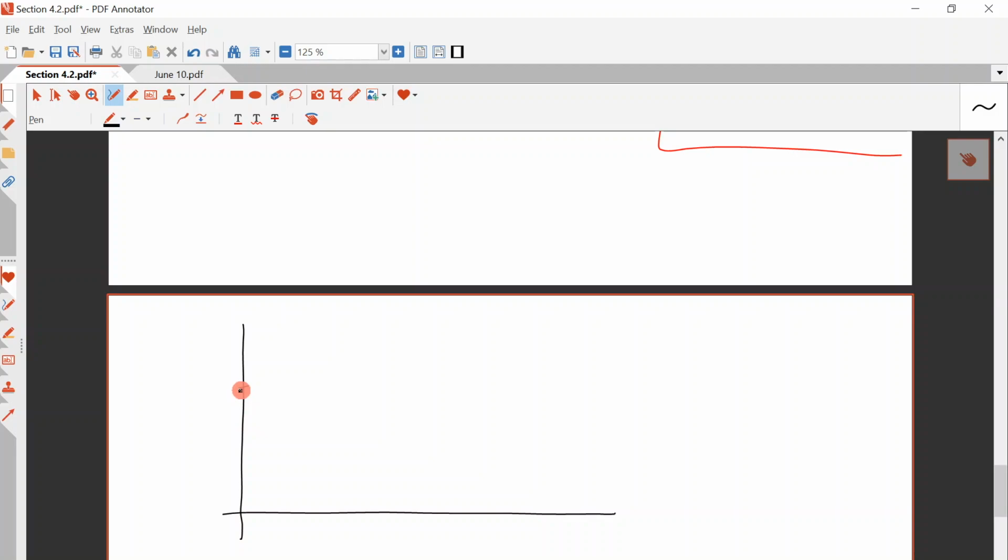So starting at the point 1, 1. So here's the point 1, 1. All right. Now that's x equal to 1. That's x0 is 1, x1 is that plus a half, which is 3 halves.